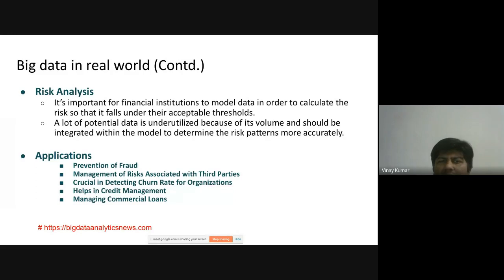As a result, you will institute mitigation mechanisms before the threat affects the normal operations of your organization, right? So you can say that a lot of potential data is underutilized because of its volume and should be integrated within the model to determine the risk patterns more accurately.